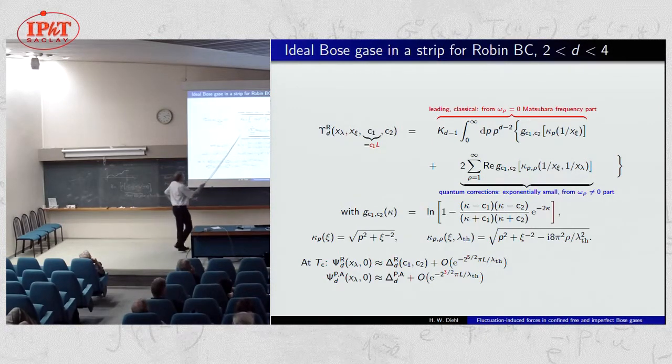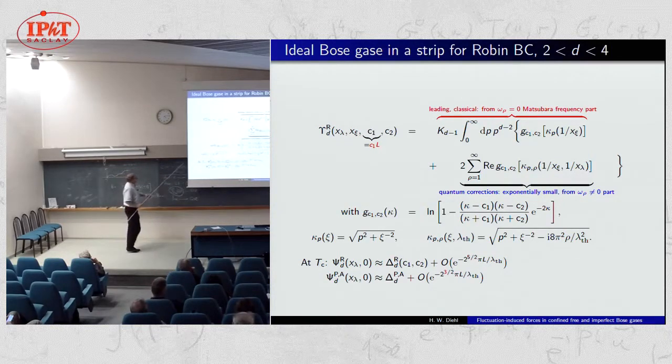And then there are quantum corrections, which are exponentially small and become smaller as you go along this series. And you see here this function in explicit form. We also recover from that the Dirichlet, Neumann and Dirichlet-Neumann cases by setting c1 to 0 or infinity, and we gain all the other cases.